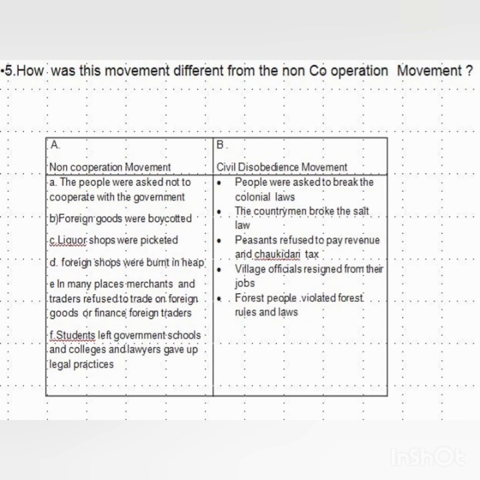In the non-cooperation movement, in many places merchants and traders refused to trade in foreign goods or finance foreign trade. Here, forest people violated forest rules and laws. In the non-cooperation movement, students left government schools and colleges and lawyers gave up legal practice.